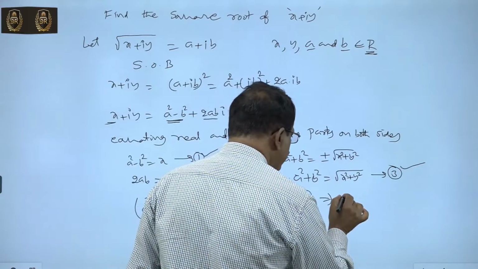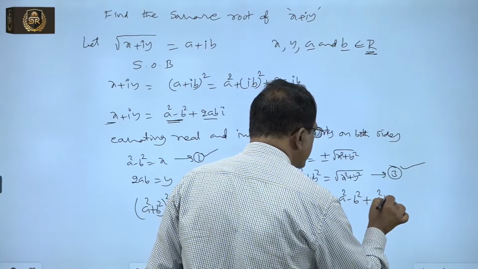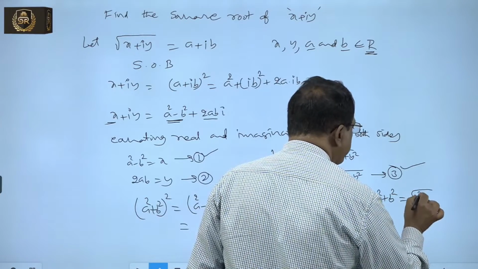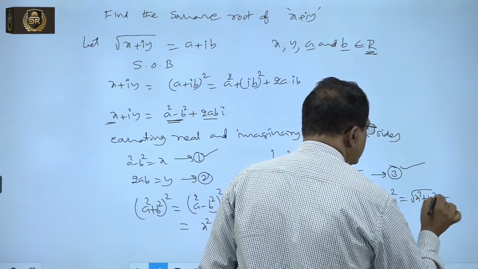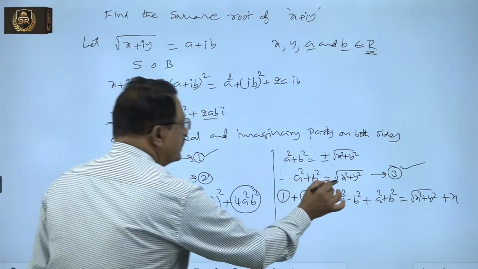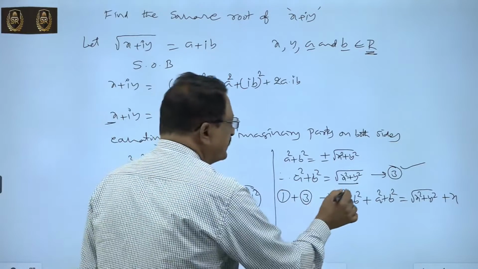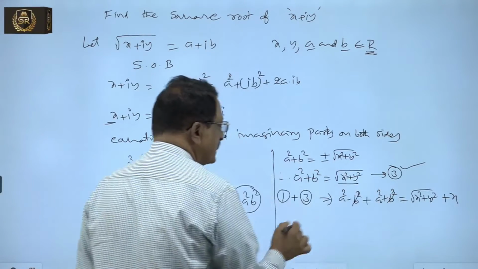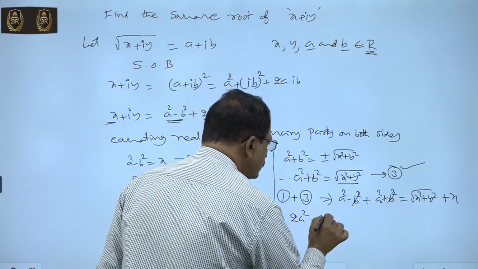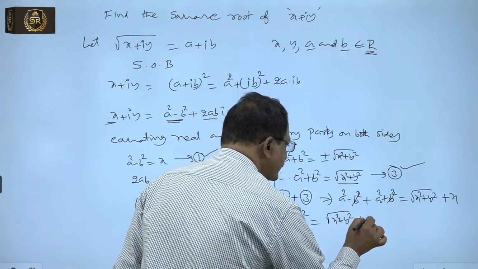Now a square minus b square plus a square plus b square equals the square root of x square plus y square plus x. Add these two: 2a square, since minus b square plus b square cancel, equals the square root of x square plus y square plus x.